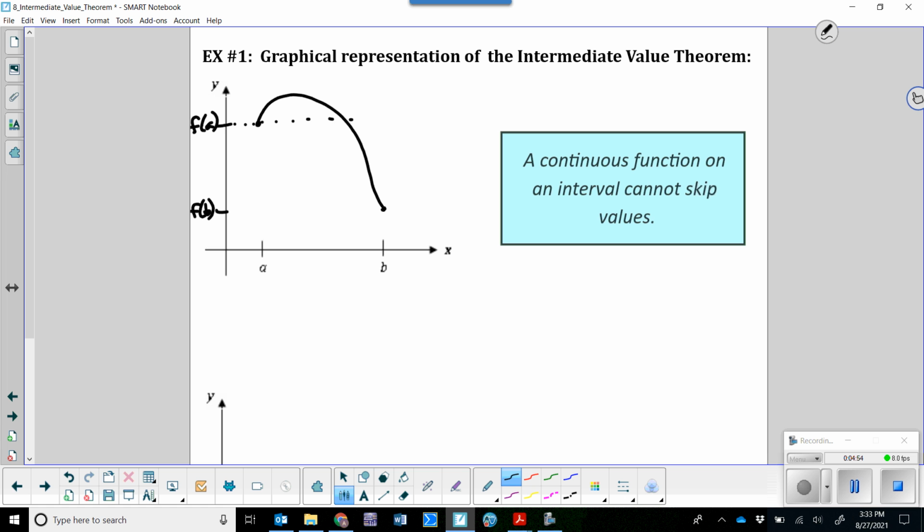So this is where a is, so that's f of a, and here's where b is, so that's f of b. That's the y value that goes with that a and b.